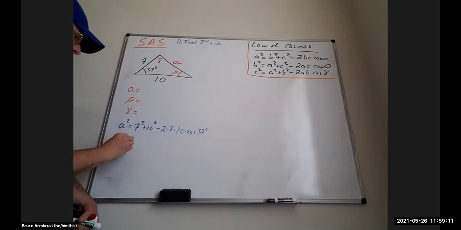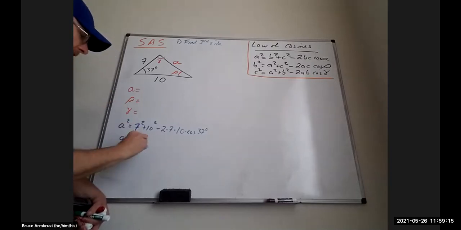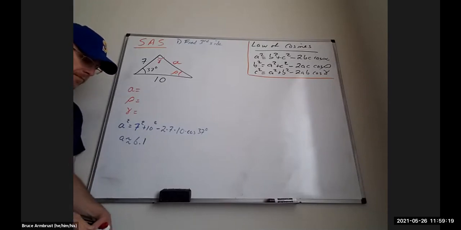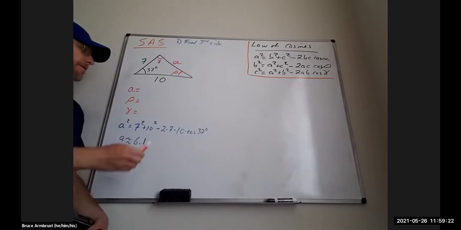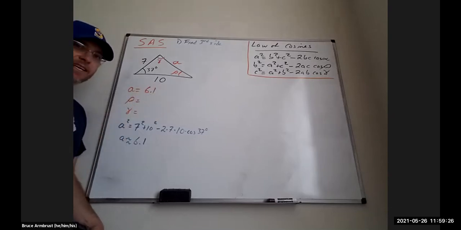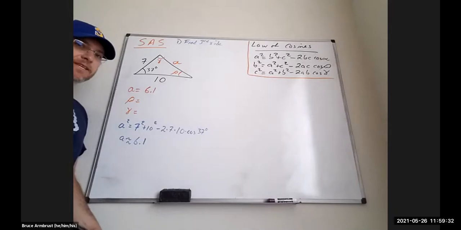So A is approximately 6.098. Now I'll just round it to the nearest tenth. Let's call it 6.1. All right, so there you go. We just found a side.